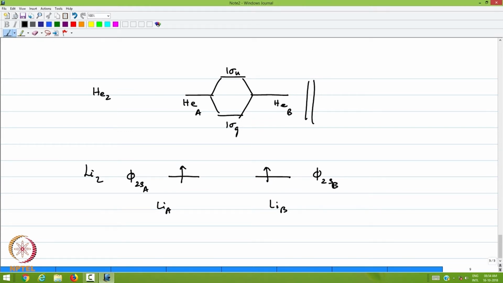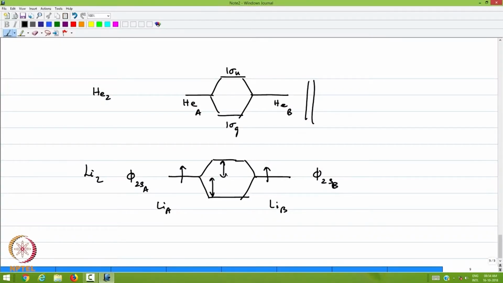Then again a similar linear combination can be performed to give a sigma orbital and a pi orbital. Of course, the gap between these will be different from that of the 1s and so on, but pictorially what you see is you have two energy levels, one which is lower than the two separated lithium atoms and another which is higher than the two separated lithium atoms.